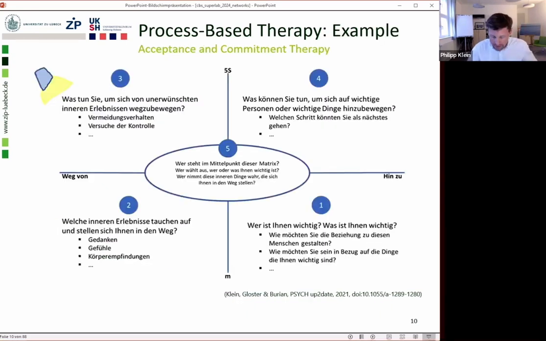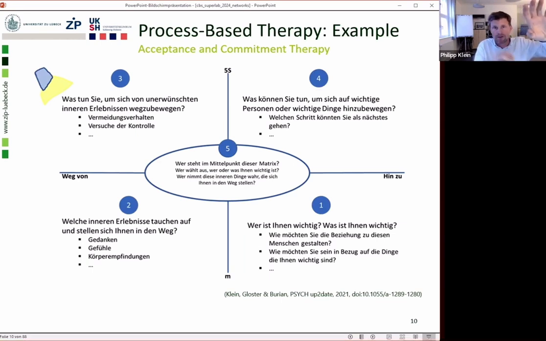And one very simple example comes from our department of psychosomatics, where we had a patient who had restrictive eating behavior in the upper left quadrant of the matrix. And we tried to understand what brings this restrictive eating behavior about. And we found that for her, it was the thought, I'm not good enough.